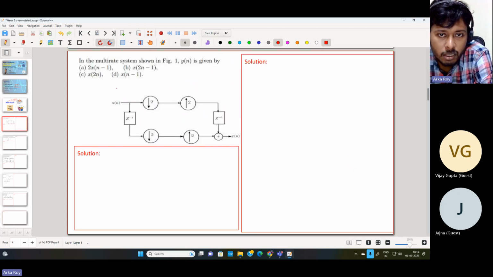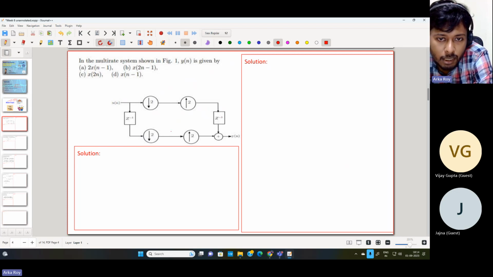This is the first question. We have been given two systems working in parallel. One is a downsampling system followed by an upsampling system and thereafter some delay.